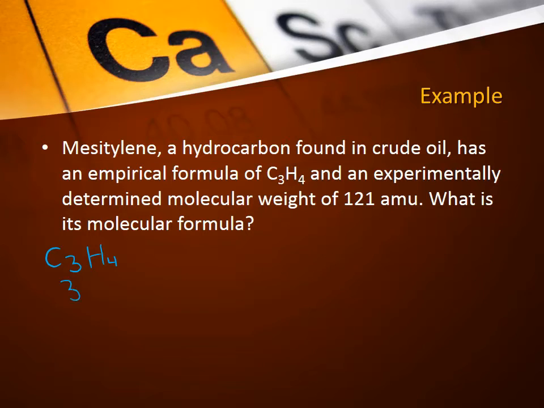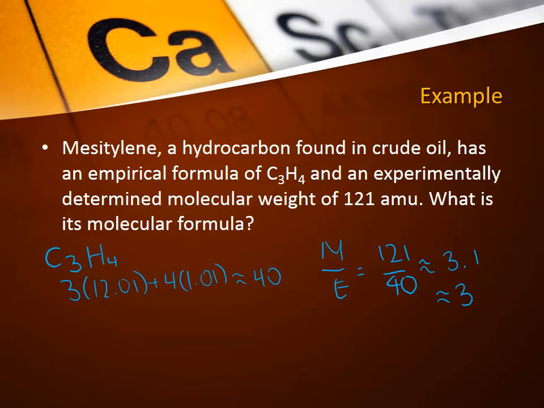Well, our molar mass will be 3 times 12.01 plus 4 times 1.01, which I'm going to round to about 40. Our ratio of molecular over empirical then will be 121 over 40, which gets us about 3.1, and I'm going to round that down to 3.